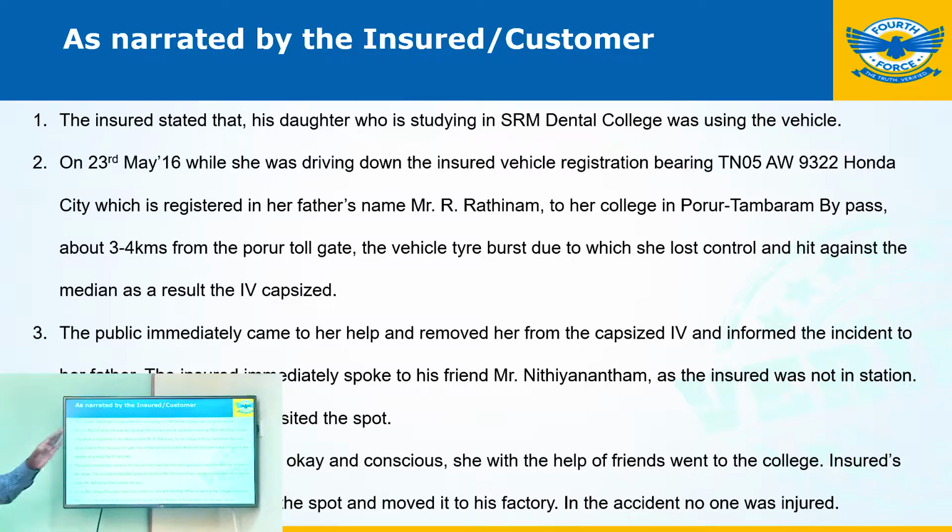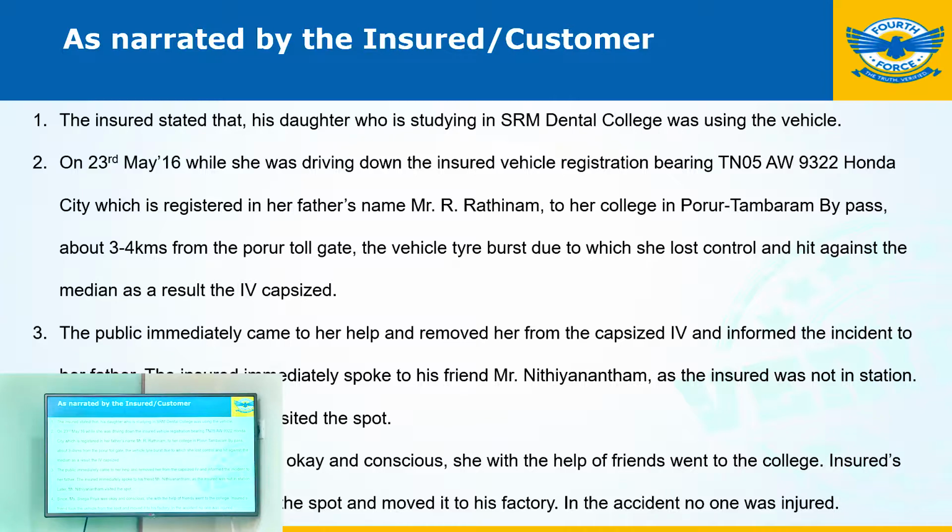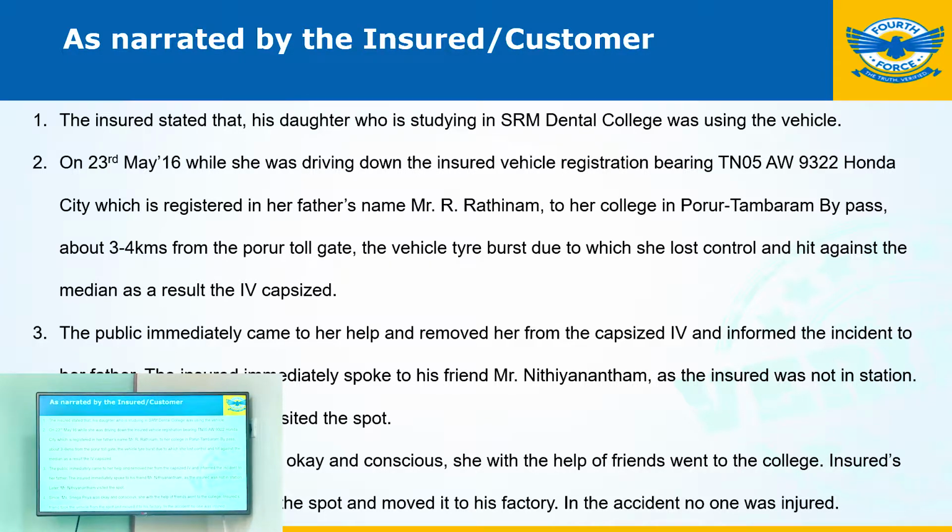registered in her father's name, the insured's name, on the way on the bypass road, about 3 to 4 kilometers from a toll gate, the vehicle tire burst, and due to that she lost control and the vehicle hit the median. It hit a median and then it toppled, it capsized, it became a turtle.